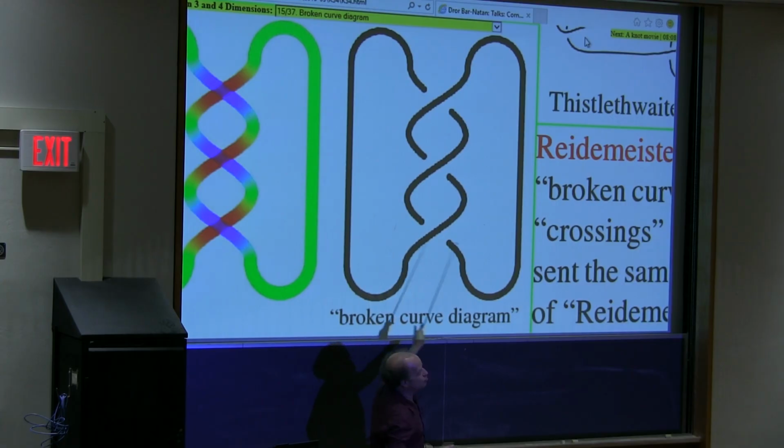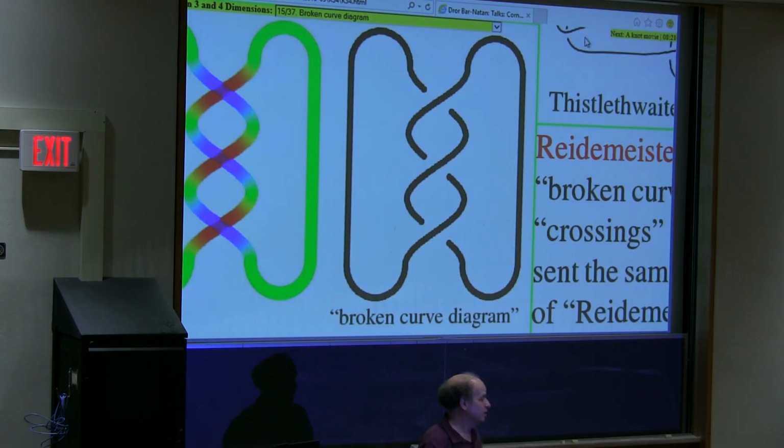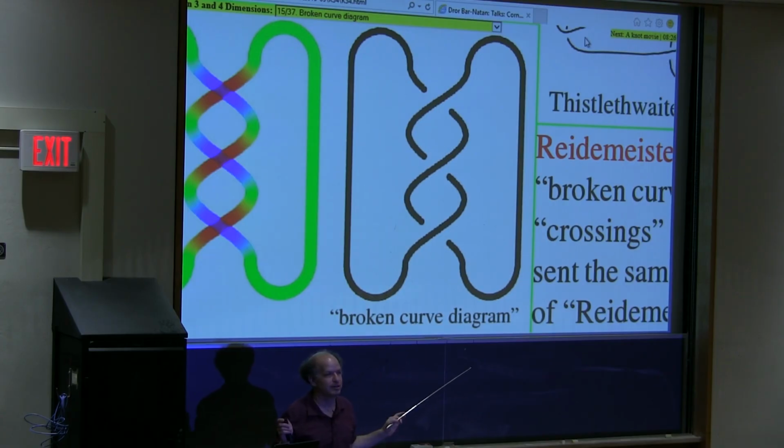So the picture is drawn at t equals 0, but where there is a gap, this path, this curve, went down to t is less than 0. So for a moment we don't see it. So is it clear that from this picture we can reconstruct our knot?